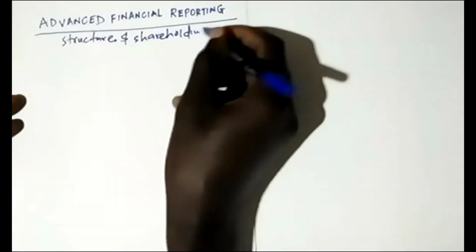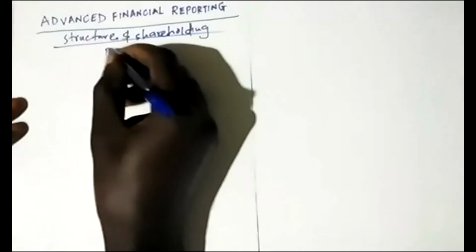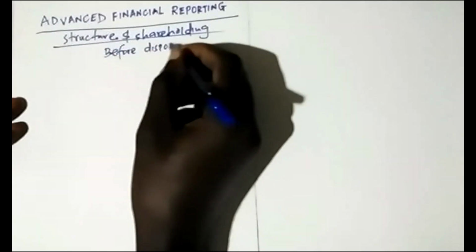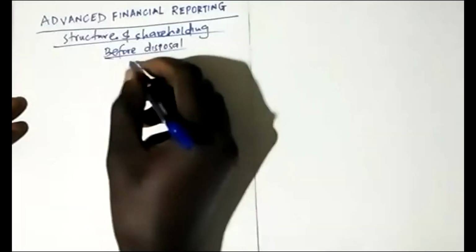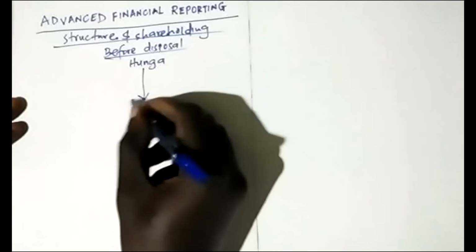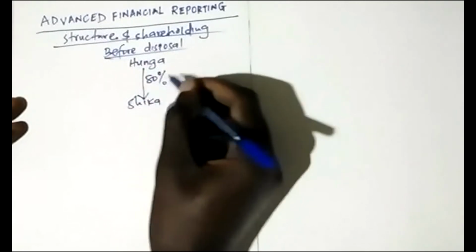So, structured shareholdings. Remember that there was a disposal. Before disposal, Hunga was controlling Shika up to 80%.